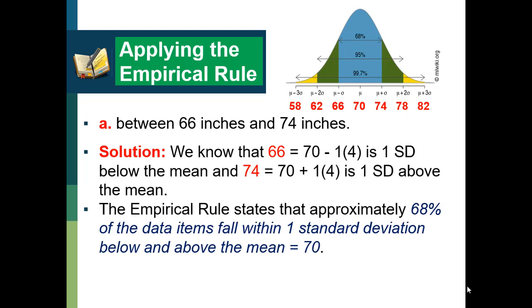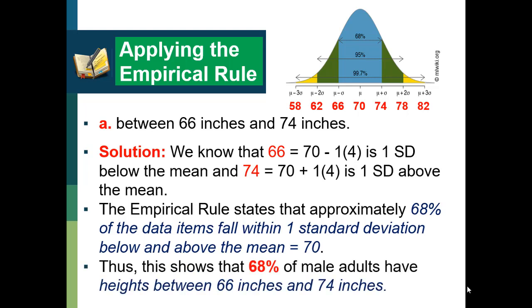Hence, using the figure and the empirical rule, we can say that 68% of the male adults have heights between 66 inches and 74 inches. Did you get it? So what rule did we use to solve the problem? The empirical rule. Now let's proceed with letter B.